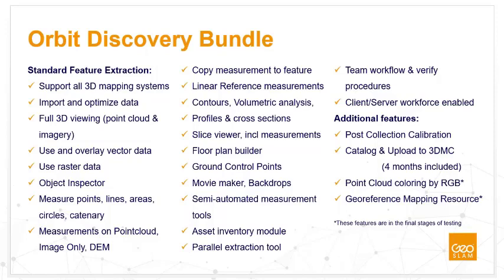So this is a description of what that Orbit package includes, all the feature extractions, which is very interesting to automatically or semi-automatically detect features like trees, lampposts, curbs, etc., and to easily overlay the data coming from the images and from the laser sensors together.